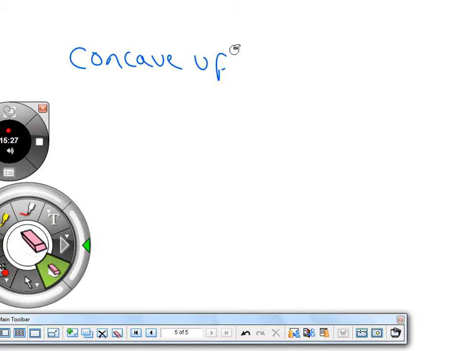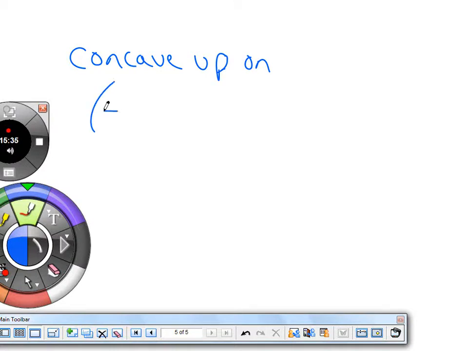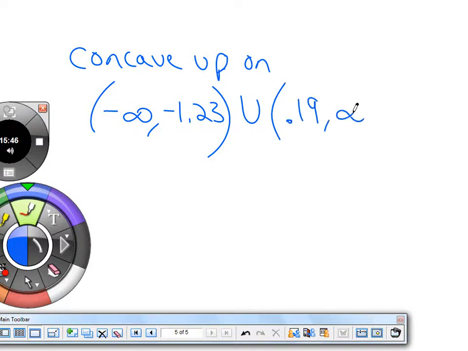So let's say we are concave up. So we are concave up on a couple intervals. Let's say I would want to write this concave up on negative infinity to negative 1.23 union with 0.19 to infinity, because if we looked at the second derivative, that graph was above the x-axis on those intervals.